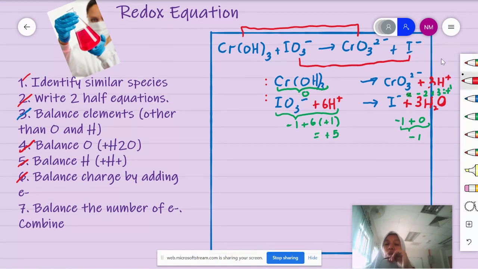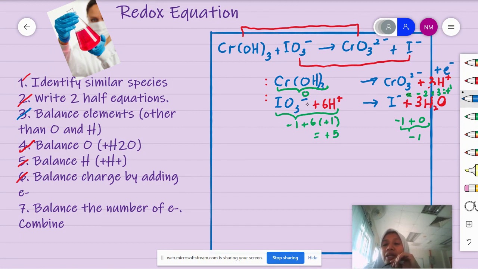Now, what do we do? This side is 0, but this side is +1. How do we make 1 become 0? -1. -1 is just an electron. Therefore, we need 1 electron on this side.